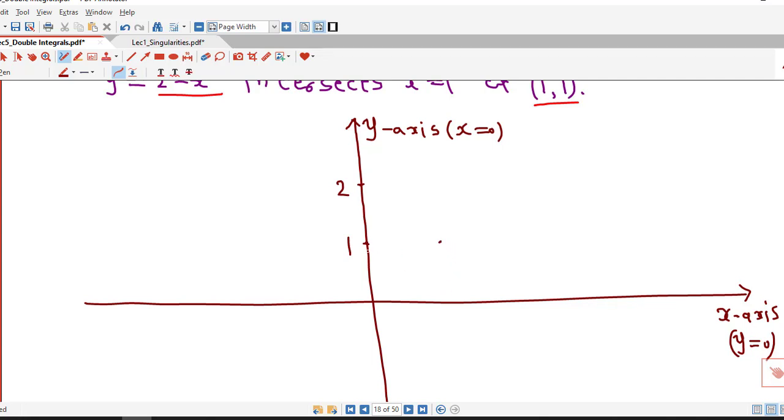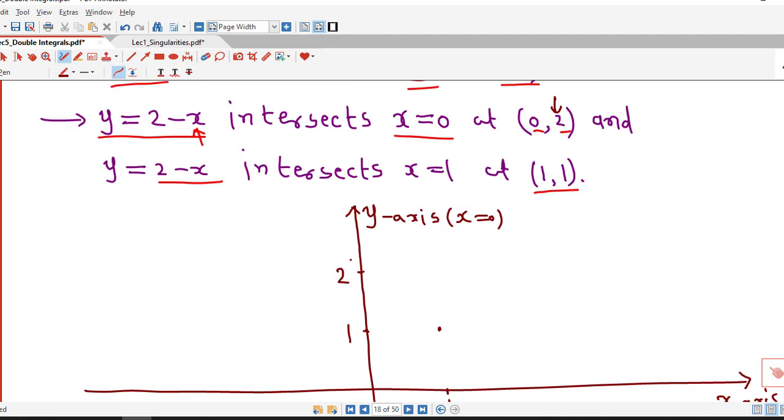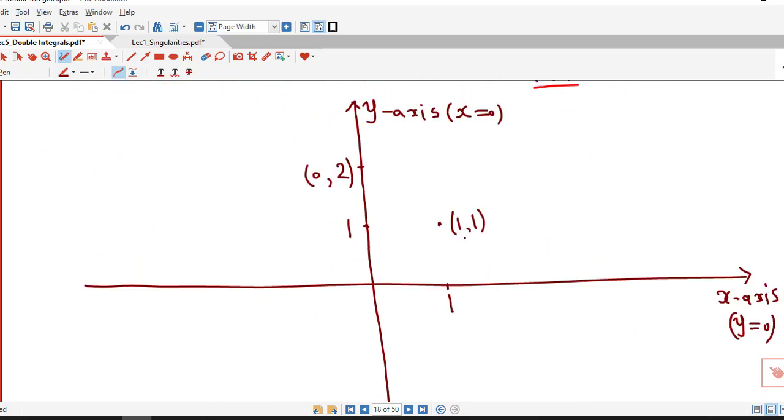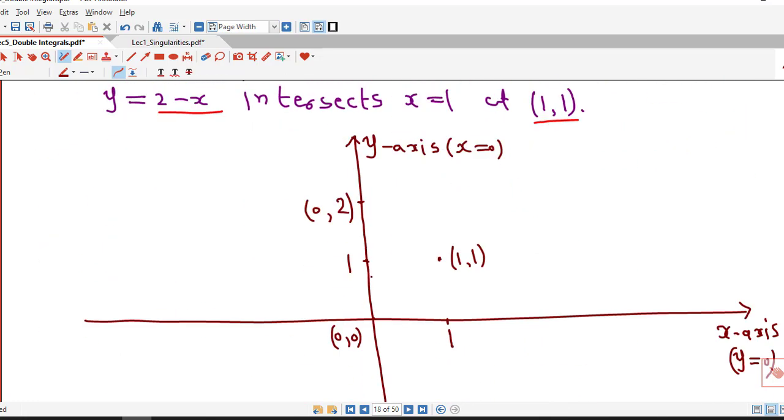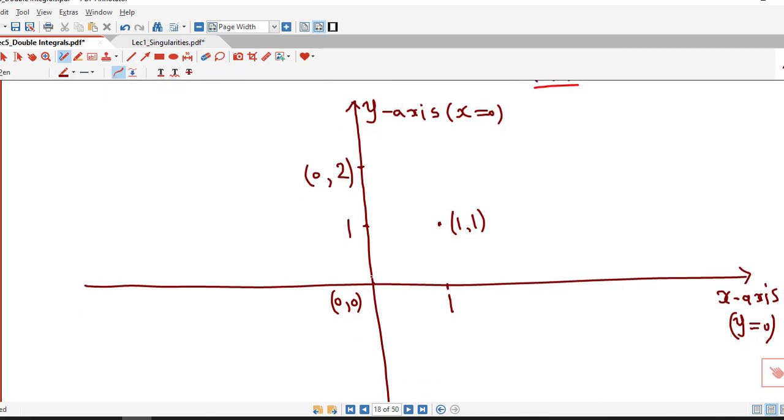Suppose this distance on the x-axis is 1, so this point is 1, 1, and the other points we require are: this is 0, 2, so this point is 0, 2, this is going to be 1, 1 and 0, 0, that is the origin. The other intersecting point is minus 2, 4.